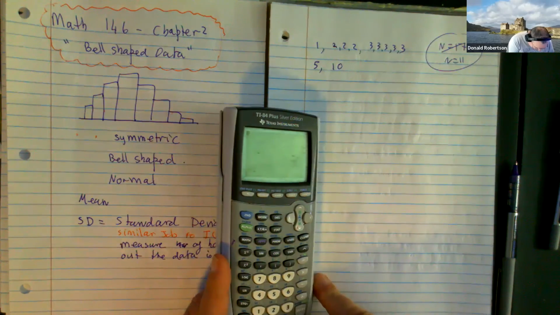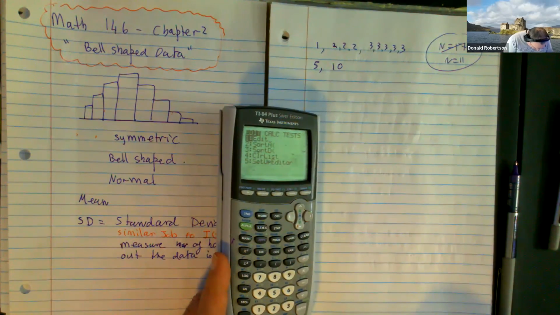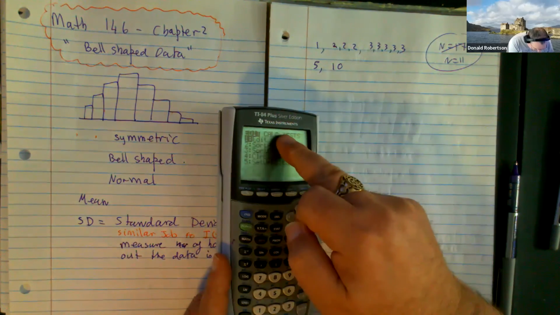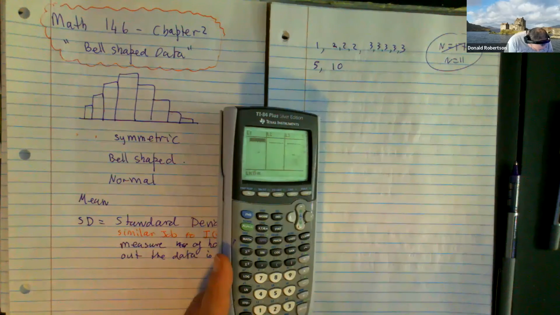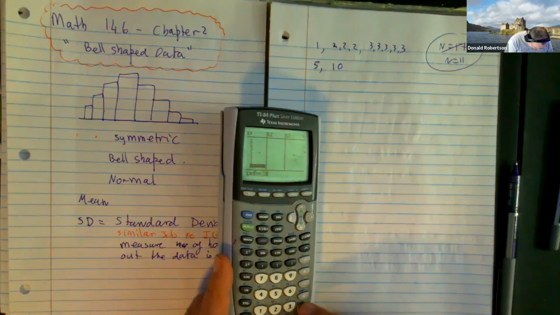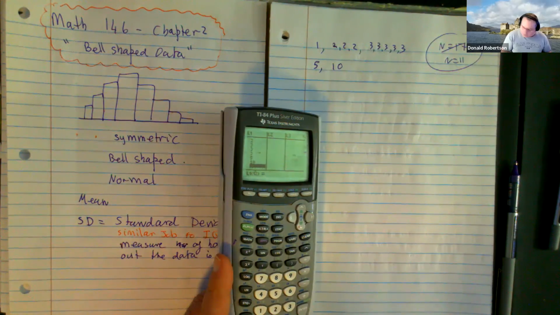But first things first, you're going to hit the start button, which isn't a surprise. You're going to choose number 1, which is edit, and get rid of any old data that you might have. And you're going to enter 1, 2, 2, 2, 3, 3, 3, 3, 3, 5, and 10, just like you would do for interquartile range.